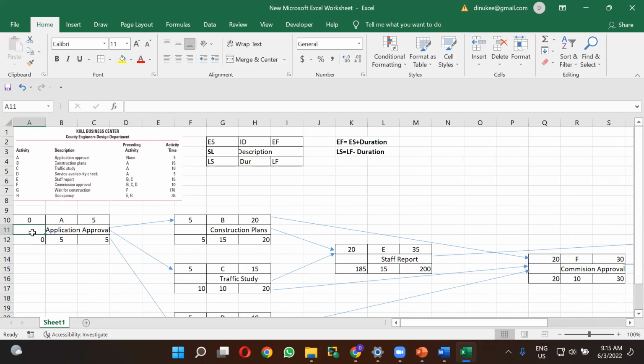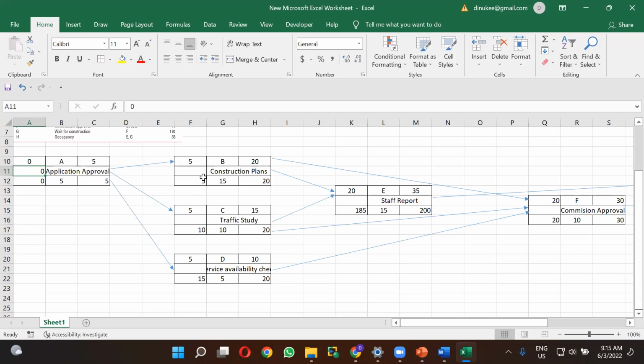When you are going to calculate the slack, you have to take the late start time. From late start time, deduct the early start time. So here for the activity A, late start time is 0 and early start time is also 0. Therefore, the slack is 0. Right. So for the B activity, what is the slack? You have to take the late start and deduct the early start time.